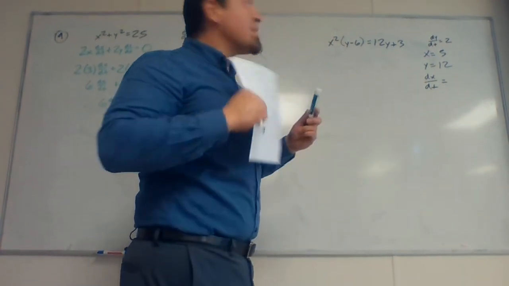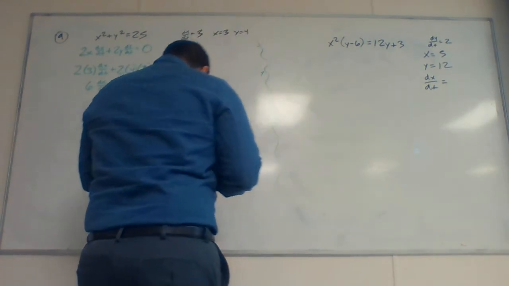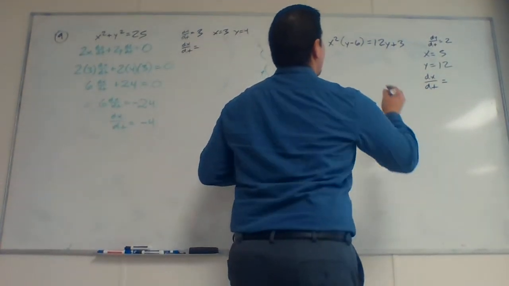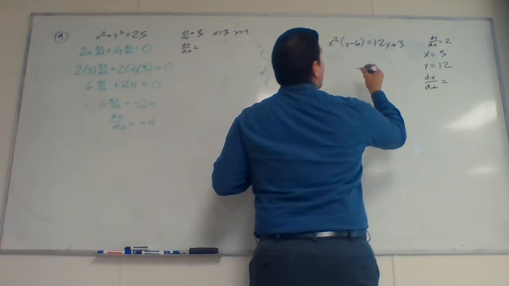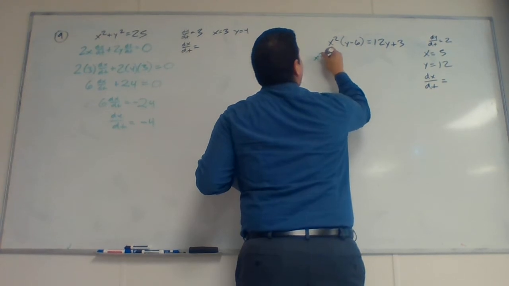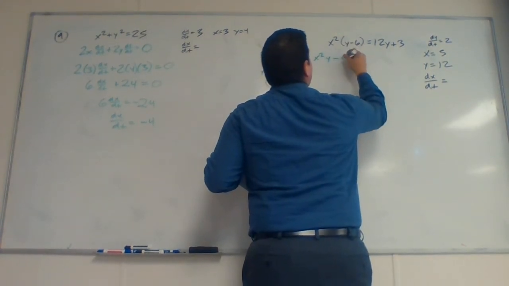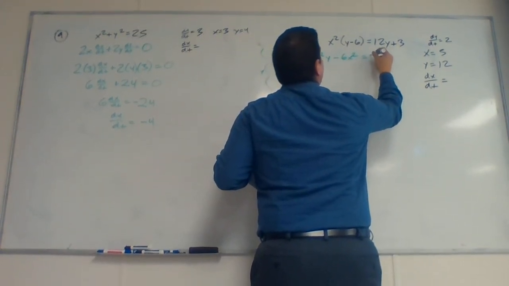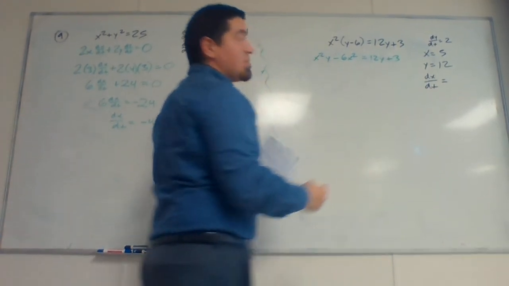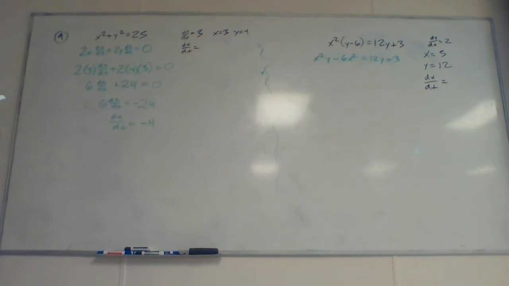I have to do it with respect to t. So we'll do that, but this one might benefit from a rewrite. Maybe like x squared y minus 6x squared equals 12y plus 3. Okay, and then I'll take the derivative. So I rewrote it before I'm going to take the derivative. I just distributed the x squared.